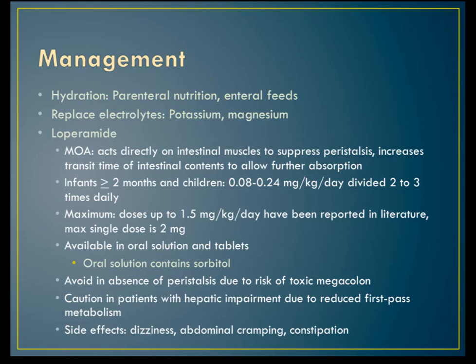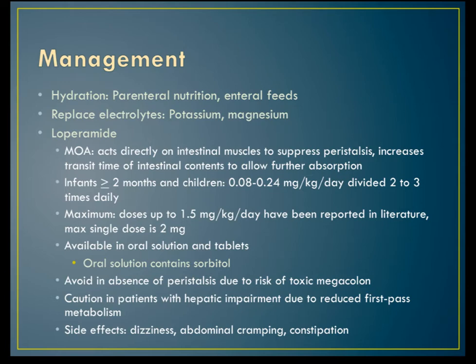If you look this medication up in Lexicomp, you might see that it is contraindicated in patients less than 2 years of age, but here on this slide I have dosing for infants 2 months and older. So that contraindication, take it with a grain of salt. That's really based on your average otherwise healthy child that's 2 years old with one single episode of diarrhea because he ate too much applesauce.